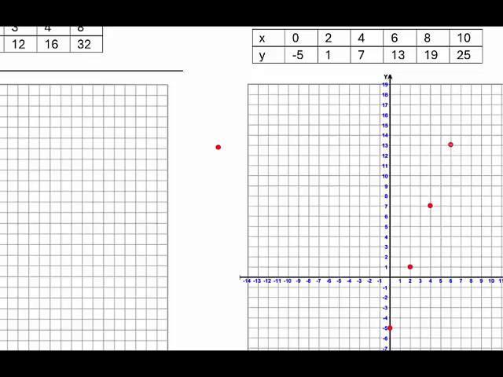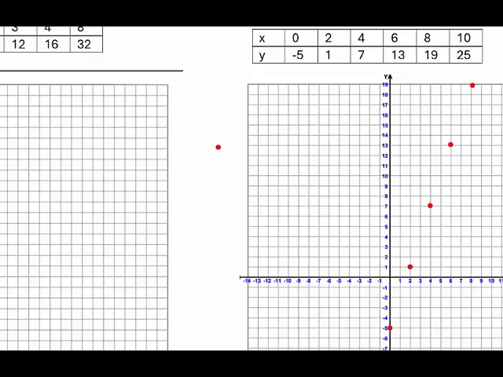Probably be easier for you with a ruler. 6, 13, 8, 19. Now it doesn't matter that it doesn't go to 10 and above. Just because my graph stops there doesn't mean the values do. So that's a really important concept to understand.